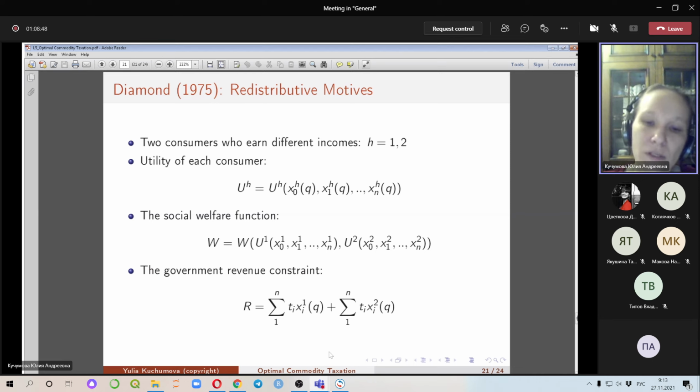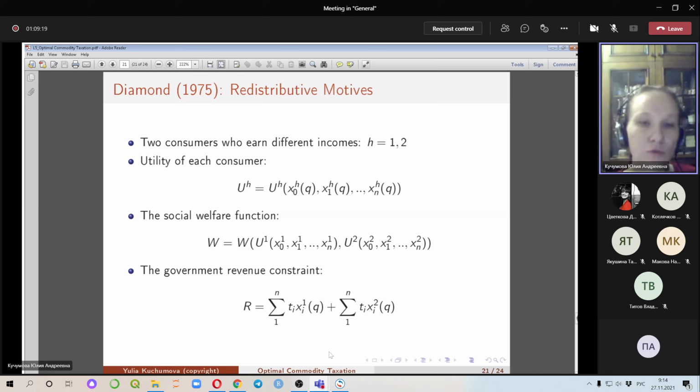The first sum is the taxes from the first individual, and the second sum is the taxes collected from the second individual. So what the government does, it maximizes the social welfare function subject to the revenue constraint, right?